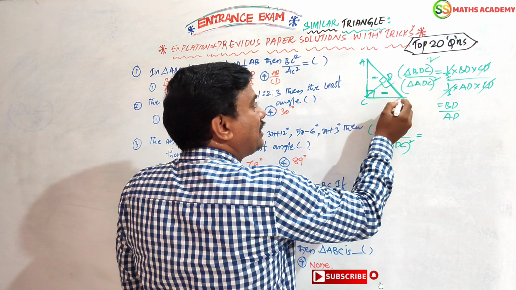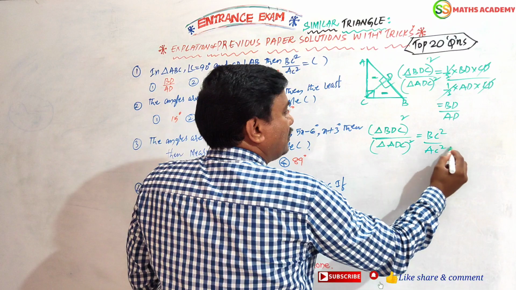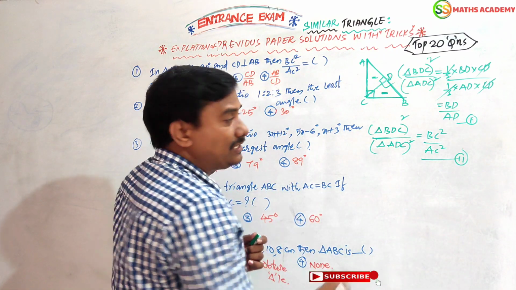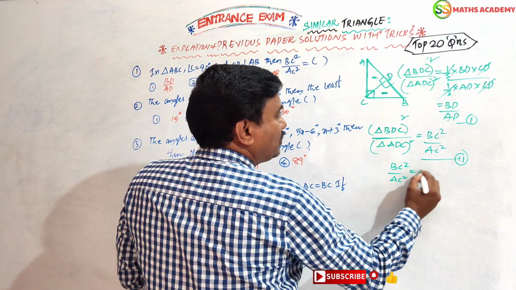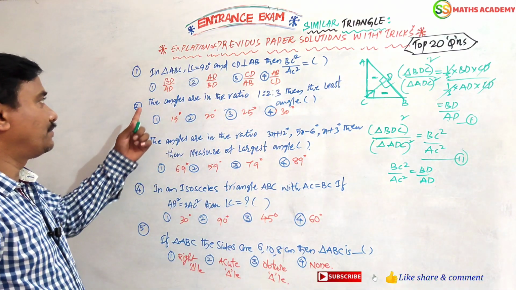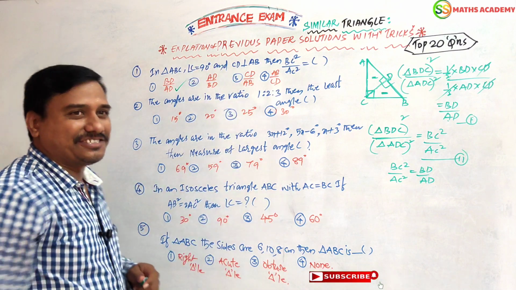What is the corresponding side? BC and AC. So BC square by AC square. Put equation number 2. From 1 and 2 you have to compare. So BC square by AC square is equal to BD by AD.